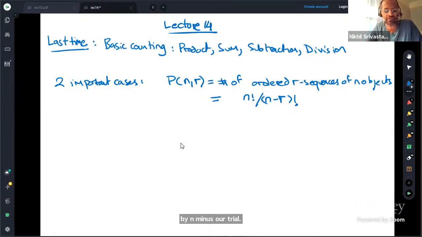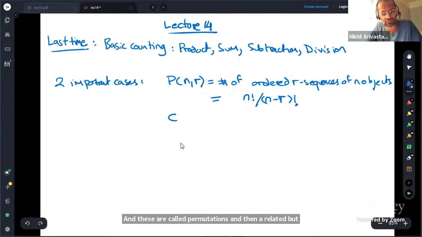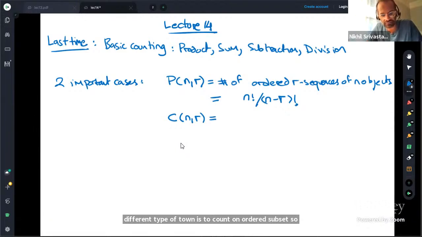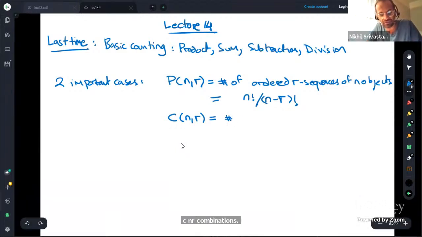And then a related but different type of count is to count unordered subsets. So C(n, r), combinations, refers to the number of unordered r subsets of n objects. The first one was ordered.